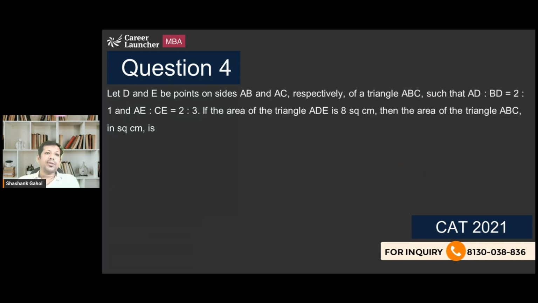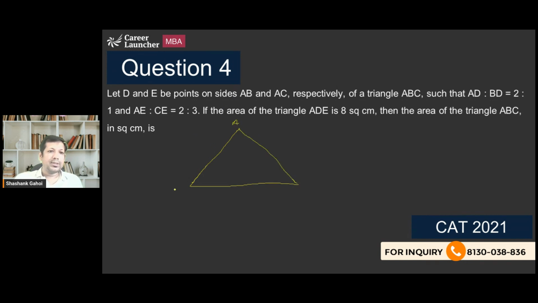Now the next one: let D and E be points on the sides of triangle ABC. Let me draw a triangle.